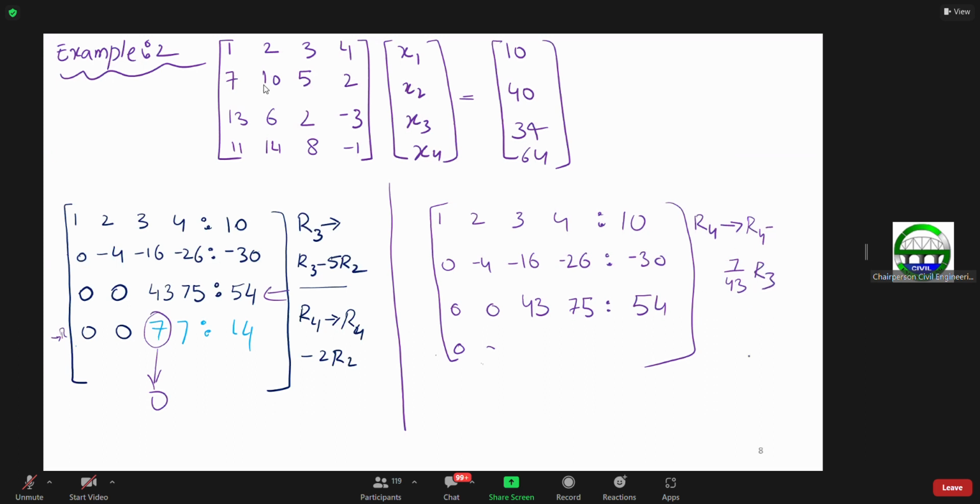If I write it this way, so let's see, 0 minus 0 minus 0, 0, 0 minus 0, 0, and we multiply it with R4 with, I think, yes, it should be 43. R4 should be 43, and it should be 7. It should be this way.